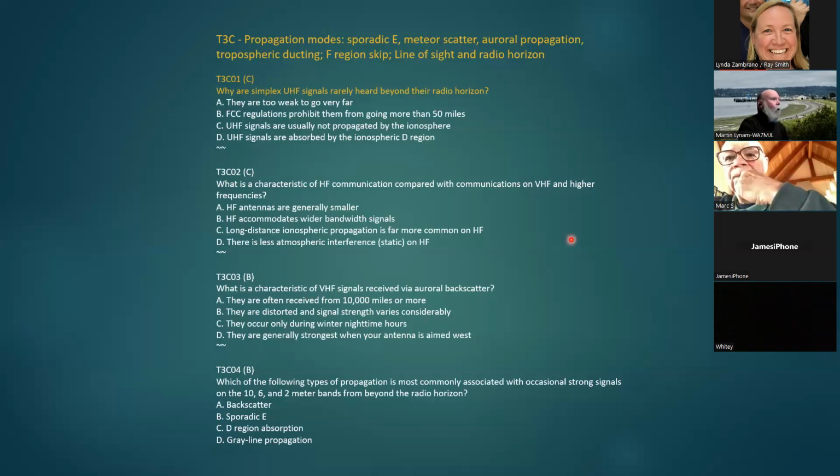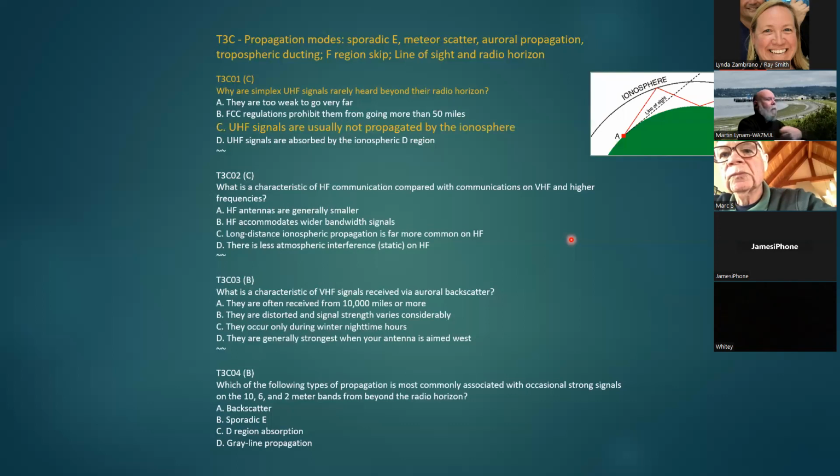So C01. Why are simplex UHF signals rarely heard beyond their radio horizon? And the reason for that is that UHF signals are usually not propagated by the ionosphere. Again, you're at A, you're transmitting, UHF is line of sight. It just goes right up through the ionosphere.